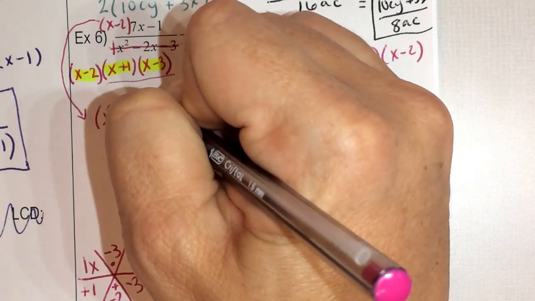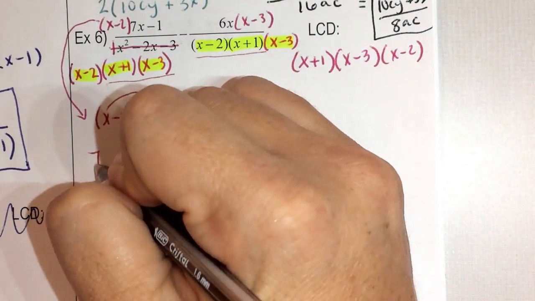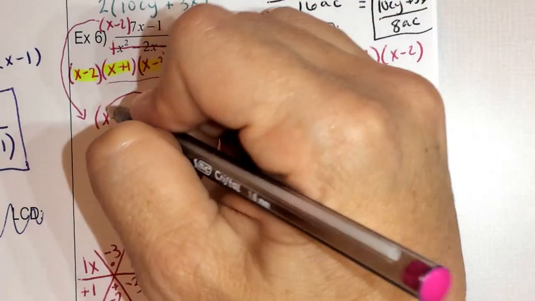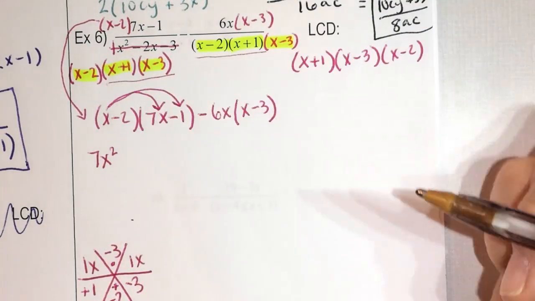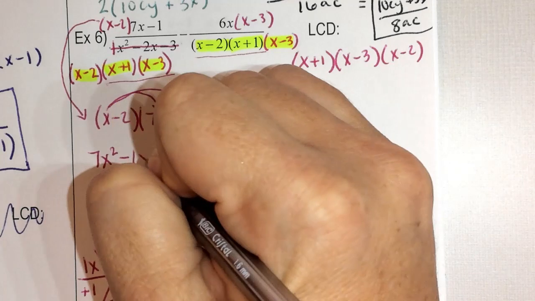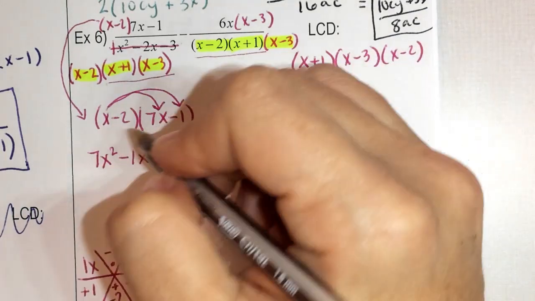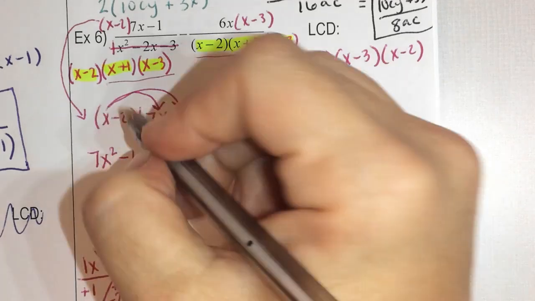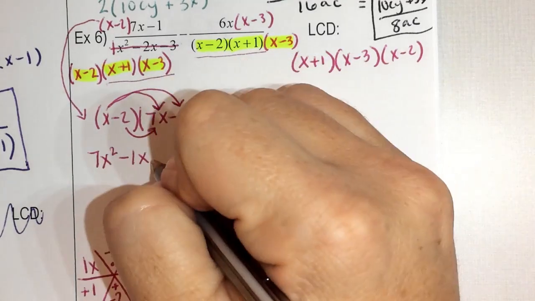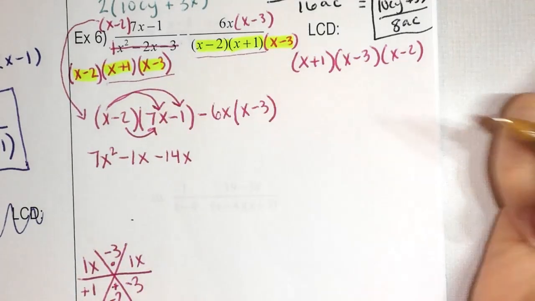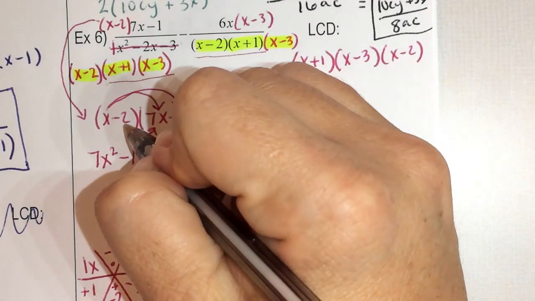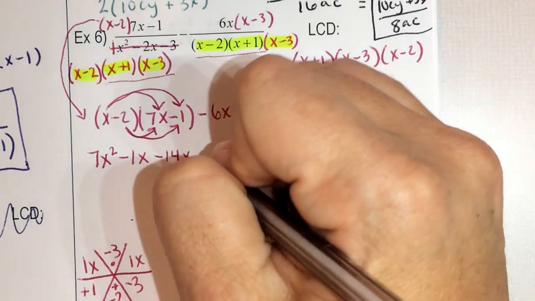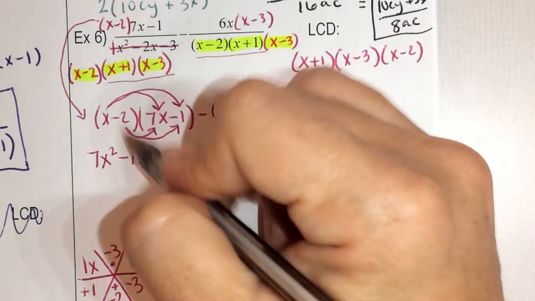So x times 7x is 7x squared. X times negative 1 is negative 1x. Negative 2 times 7x is negative 14x. And negative 2 times negative 1 is what? Positive 2, right? So we're done double distributing.